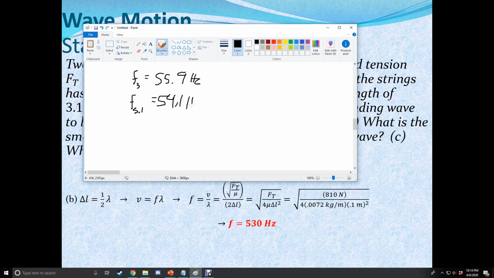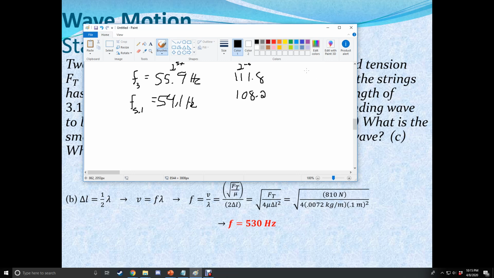54.1 hertz. And then what you could have done is made a list of all the frequencies, all the harmonics that go with this. So for example, this would be the first harmonic, and then the second harmonic would be, let's see, 111.8 and then 108.2.